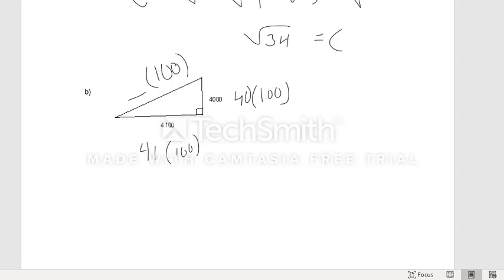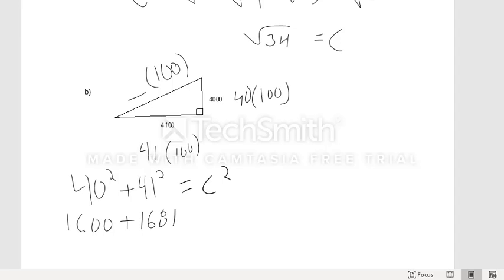So we do our Pythagorean theorem. We're going to do 40 squared plus 41 squared equals c squared. So this gives us 1600 plus 1681 equals c squared. It's 3281.